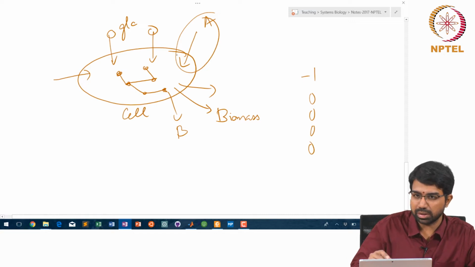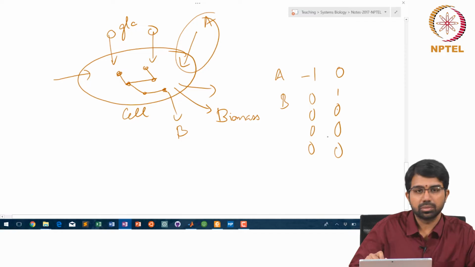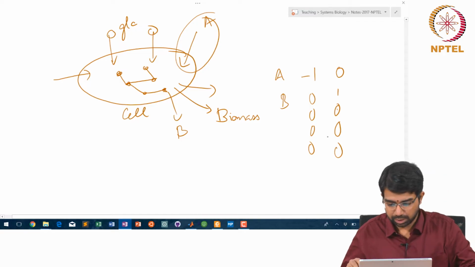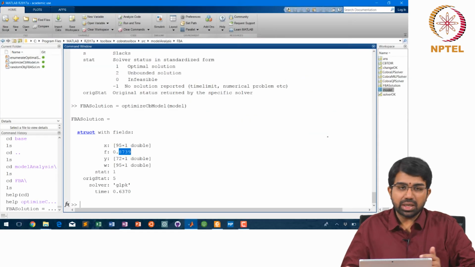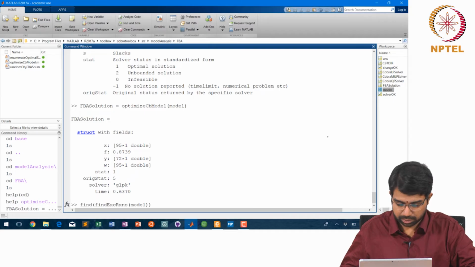So, just -1 for this, and for A it will be, for B it will basically be 0 1 0 0 0 and so on, right. So, these are exchange reactions and you can easily find them in the model.